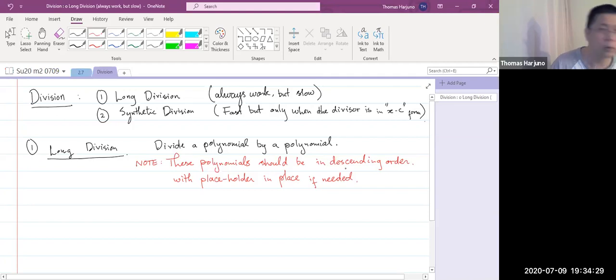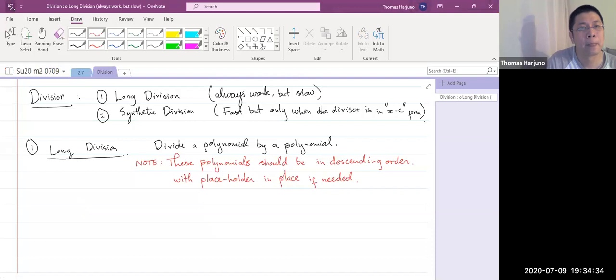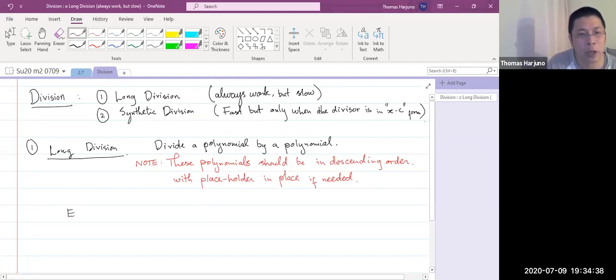So suppose, for example, I have x to the third minus 16 over x squared minus 2x plus 3.